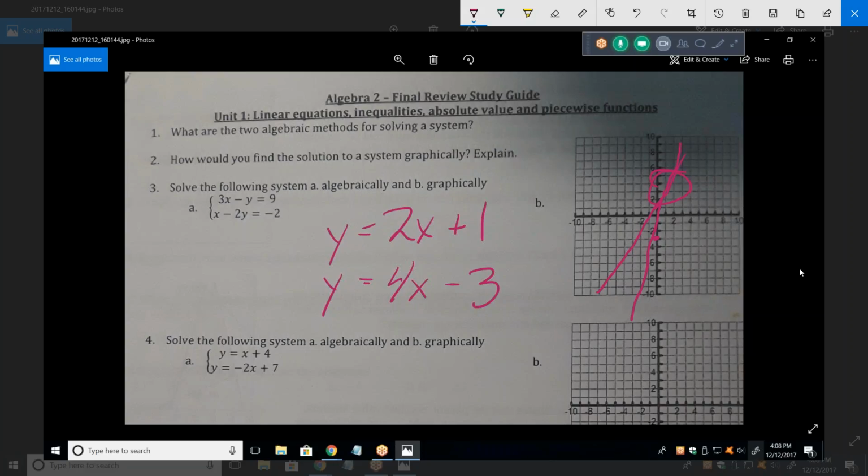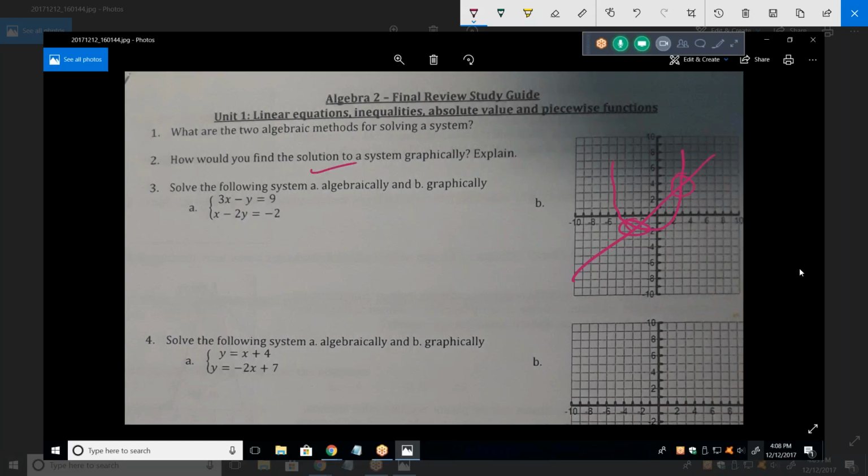And that's true whether you're dealing with linear equations or parabolas or most anything. In other words, if I had a parabola and I wanted to know the solution between a parabola and a straight line, it's these two points. And each point has an x and y coordinate. So that is actually the third method, solving a system graphically. It's not a particularly good method, as you can kind of see, because your answers aren't going to be real precise.